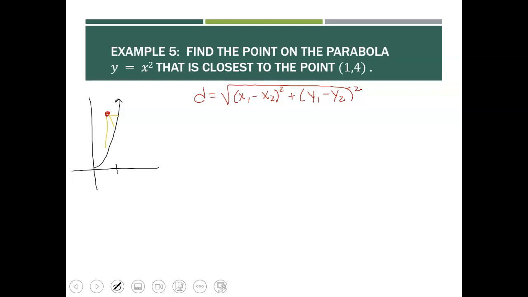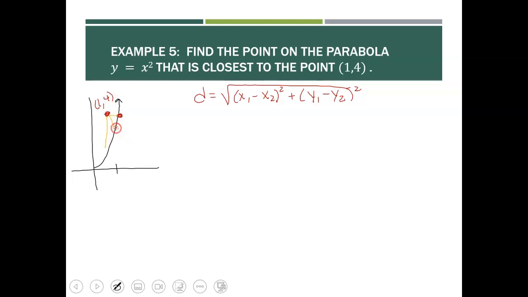Where a and b represent the lengths of the triangle, which we don't know, but we know the 2 points on it. So this is going to be some unknown point on my triangle. This is going to be the point (1, 4).